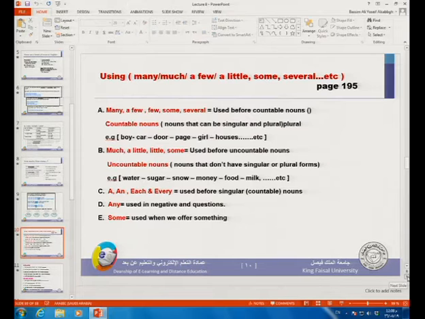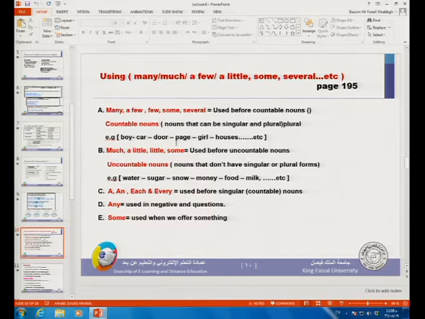Using many, much, a few, a little, some, and several. Many, a few, some, several are used before countable nouns, just to summarize what we have said. Here countable means plural countable nouns.